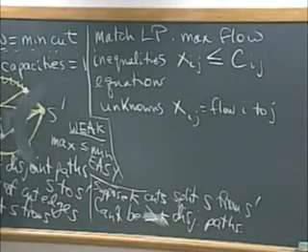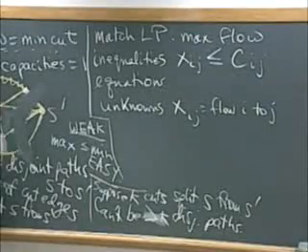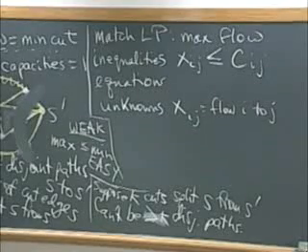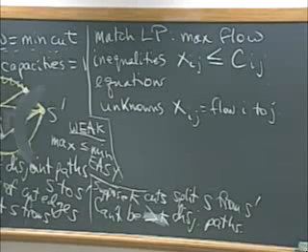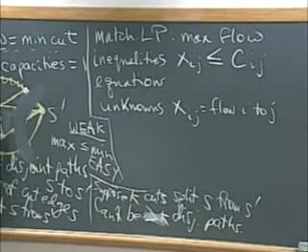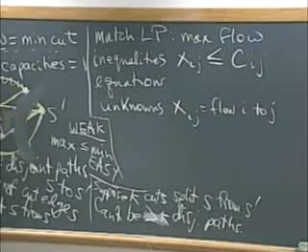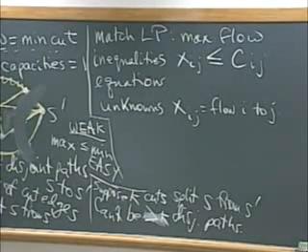So on every edge there was an upper bound, and now I want to say what are the equations that flows have to satisfy? What's the equation? I claim that at every node we've got an equation. At every interior node, every node other than S and S prime, I have an equation, and what is it?